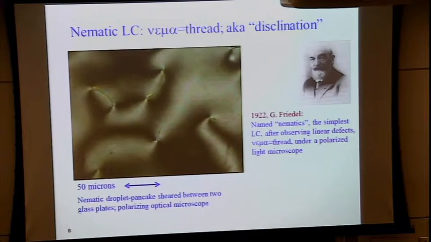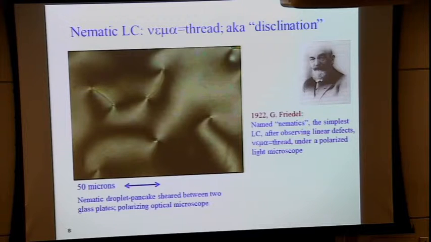Actually, melting of anything was always of great interest to people. The first article that was actually published, I will give you the reference, was in 1861, I think, by a person who observed the melting of cholesterol derivatives and said, it's a strange material. It shows two-stage melting.